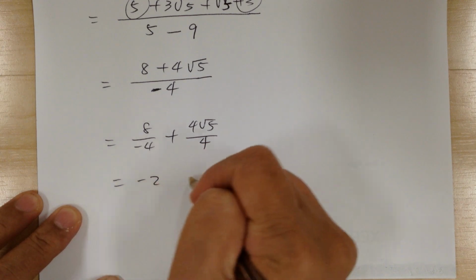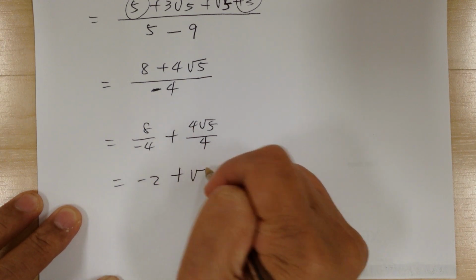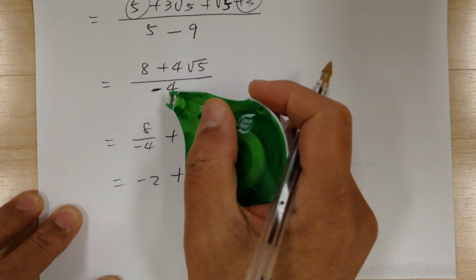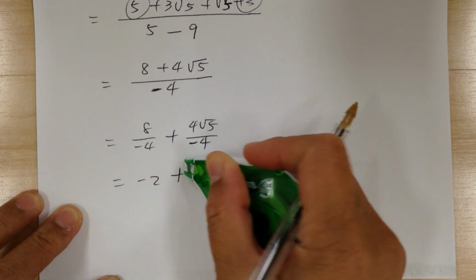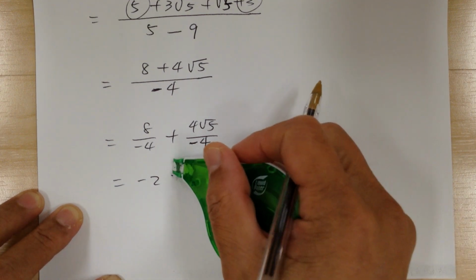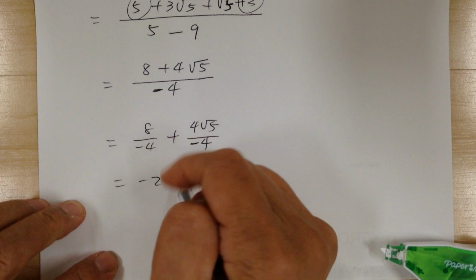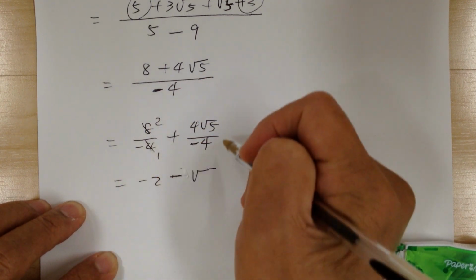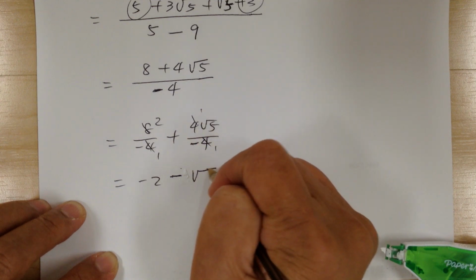So this is equal to negative 2 plus, this is a minus. Again, you have to keep your denominator. So it'd be minus, so this 1, 2, so that's how you get 2. This cancels out, so it'd be square root of 5.